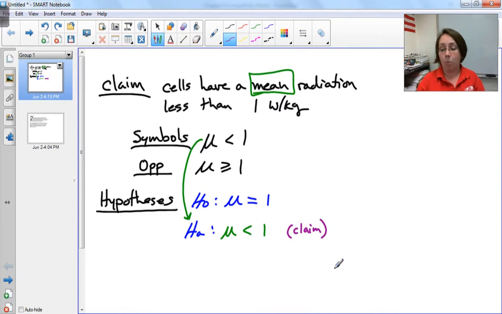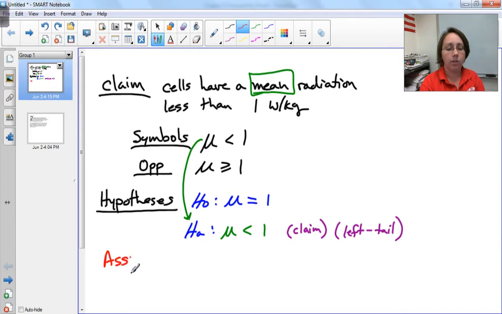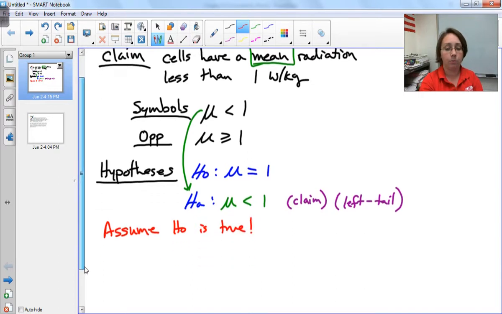So less than, which direction would be our rejection? Less than should be considered to the left. So this would be a left-tailed test. Okay? Very, very important sentence. Always assume the null is true. Without that sentence, you cannot continue.